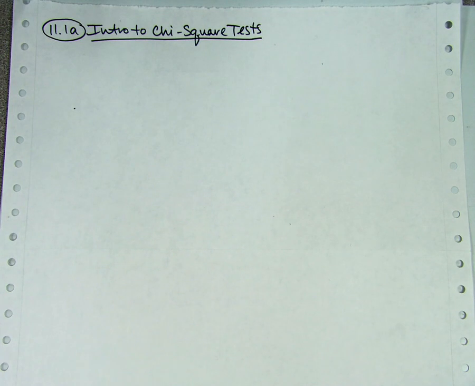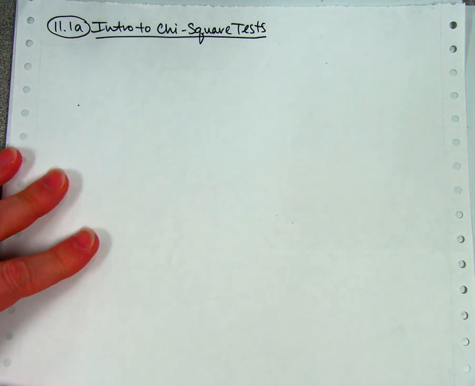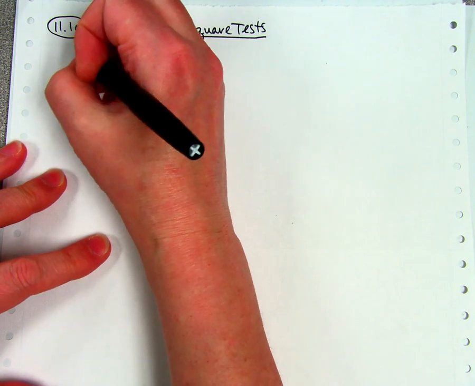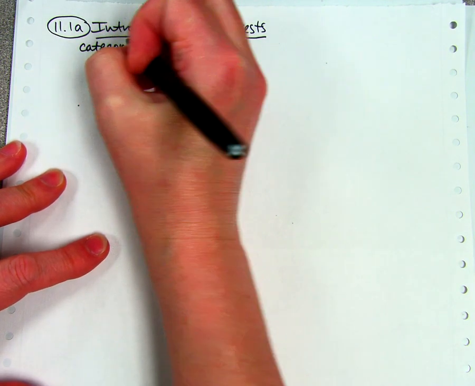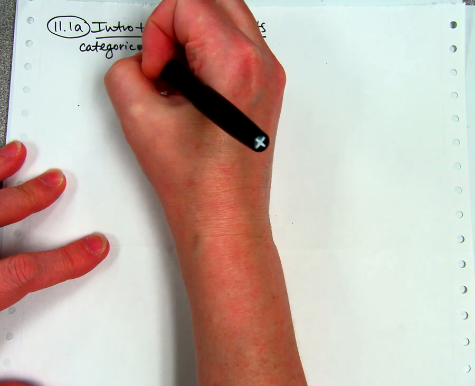Hello, Stats class. Here's the lesson 11.1a notes, which is an introduction to a new type of test called a chi-squared test. So the situation we're going to be doing in chapter 11 is categorical data. And you might think we've already done categorical data, right? We did proportions.